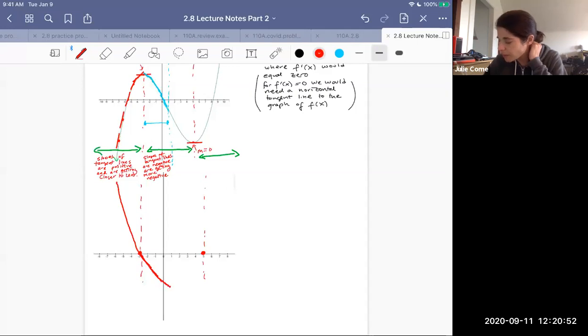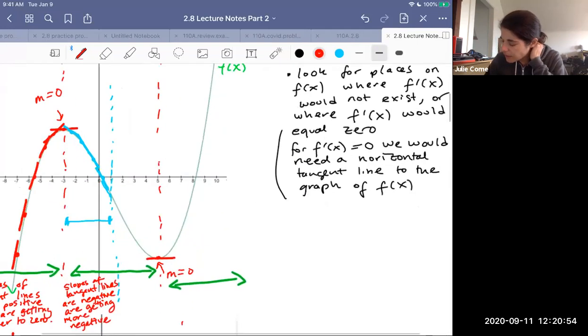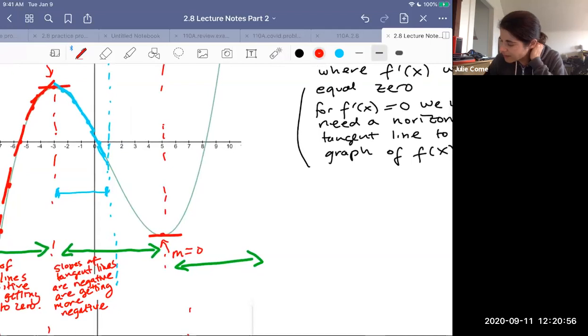Well, then what happens? If I zoom in again, it seems like we reach our ultimate steepness somewhere around there. And if I then continue to draw tangent lines, they start to get less and less steep again. In fact, they start to get more and more gradual as I approach an x coordinate of 5.